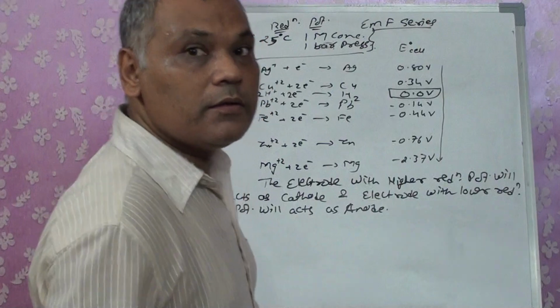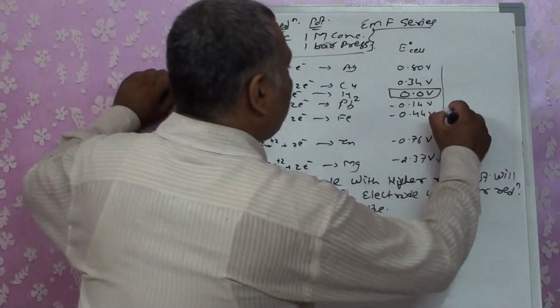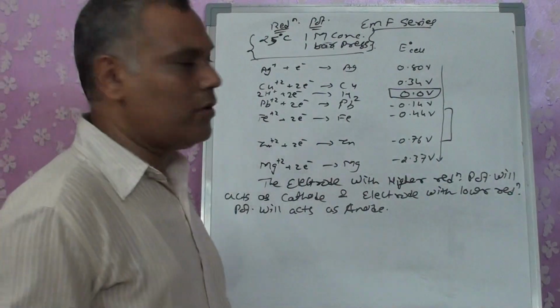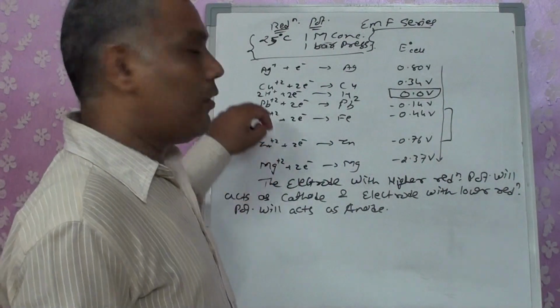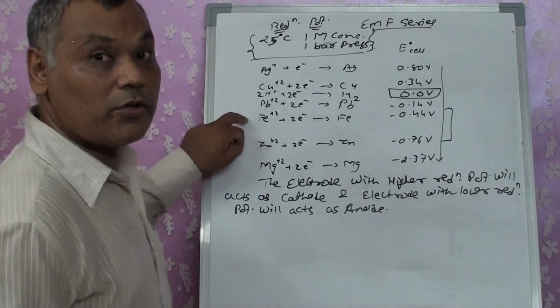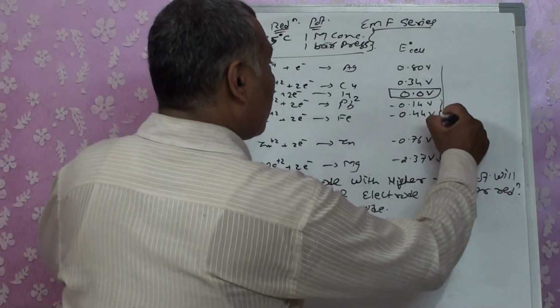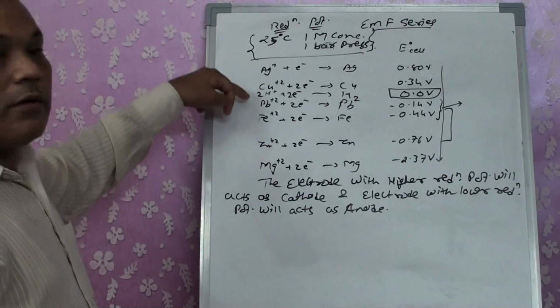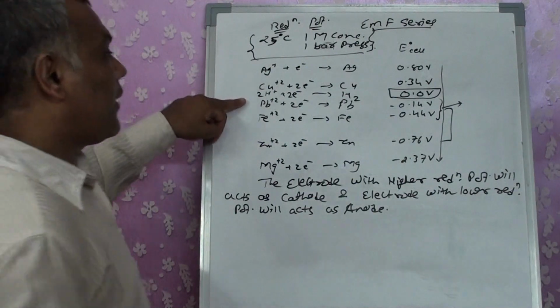For these two cells, if they are connected, then which one will act as an anode? Zn will act as anode, Fe will act as cathode. But if these two electrodes are connected, then Fe will become anode, Pb will become cathode.